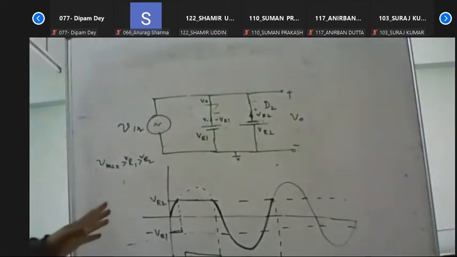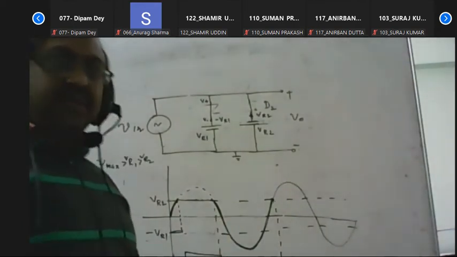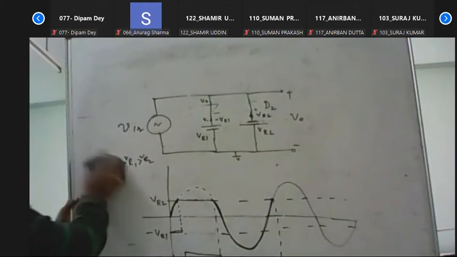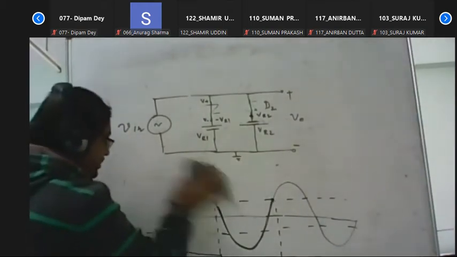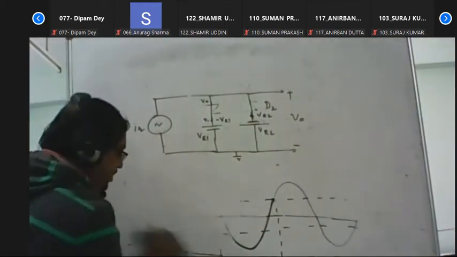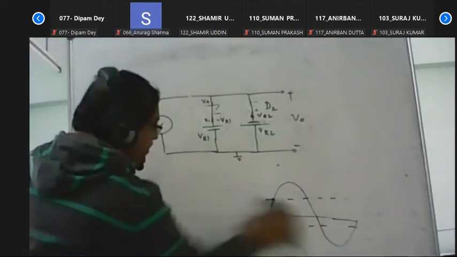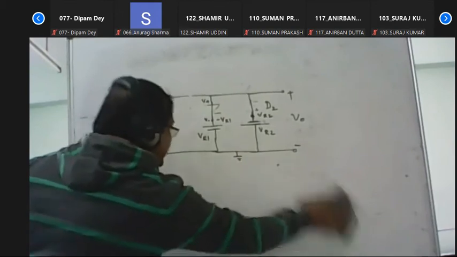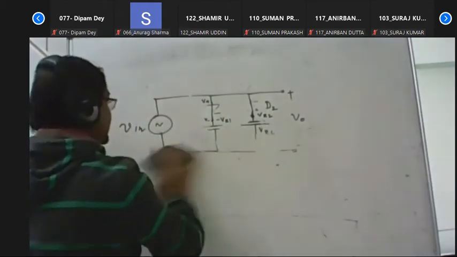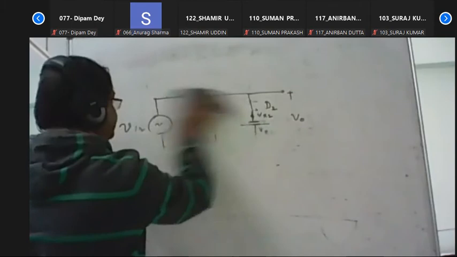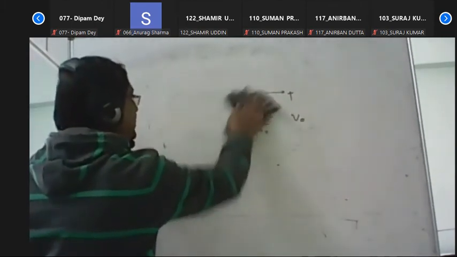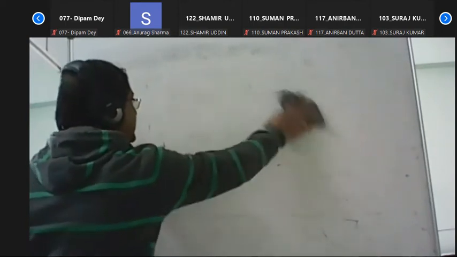We will also do some examples of clipper circuits later. Now today, first we discuss the clamper circuit. So what do you mean by clamper circuit? Clamper is basically called a DC inserted circuit.